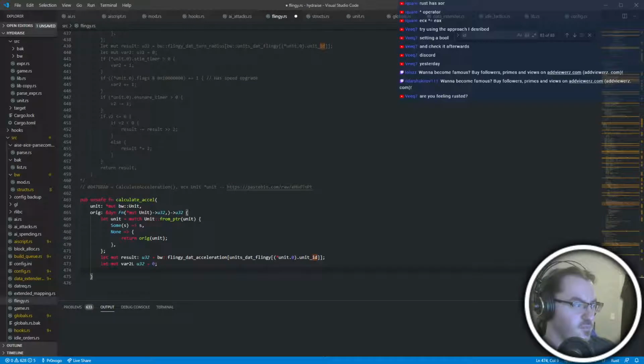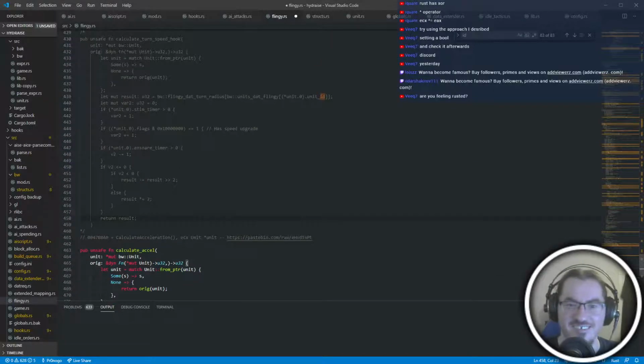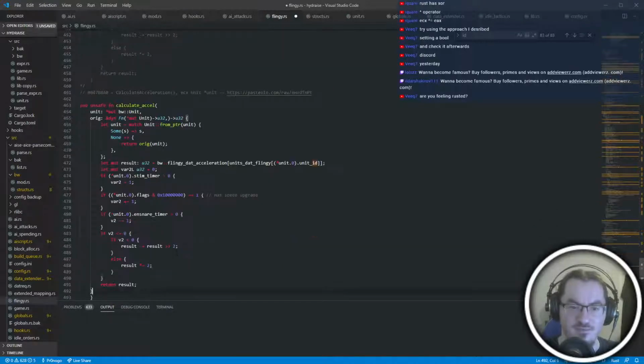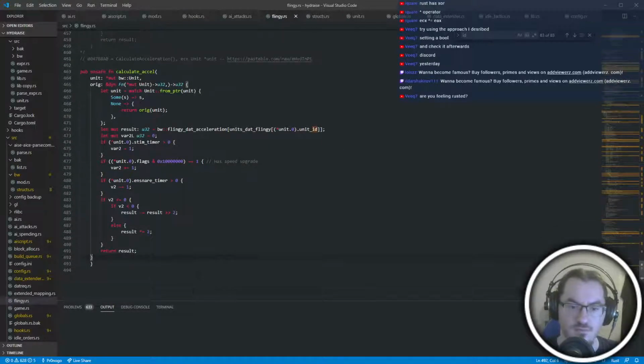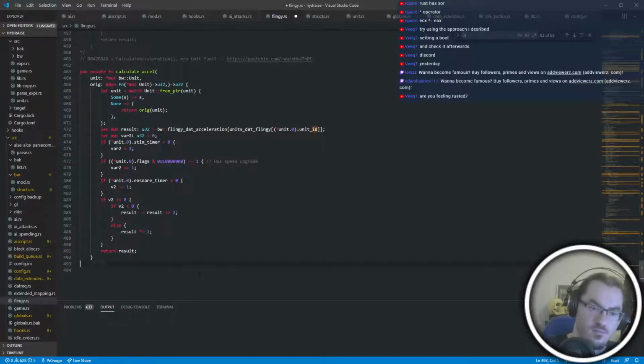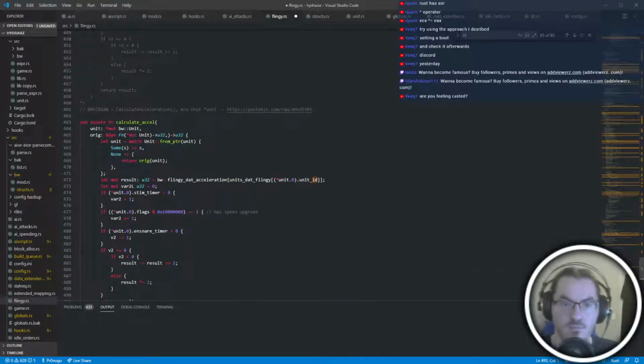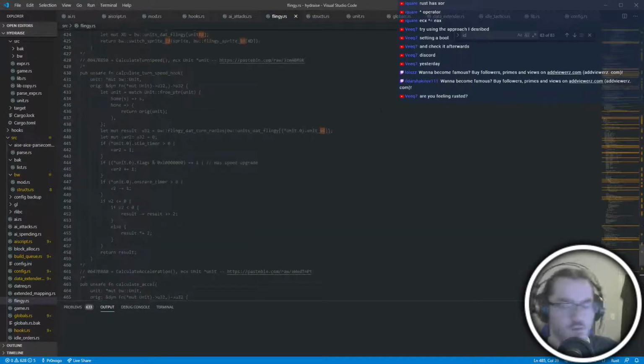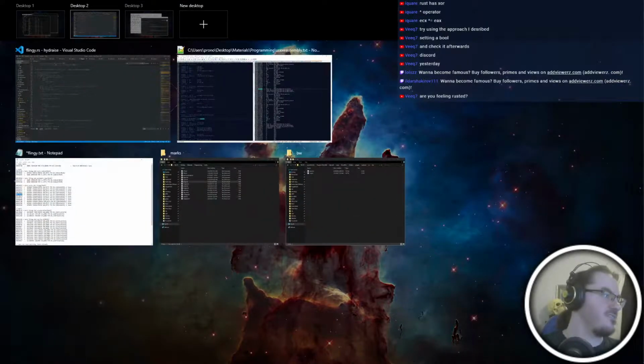It looks like it's the same exact code, actually. Yeah. It's the exact same code. That's really funny. Well, there you go. Those were so easy.